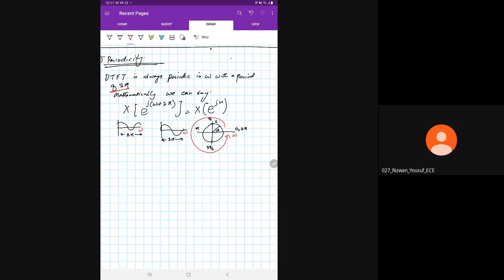Similarly, we can write X of e raised to power j theta plus 2 pi will be equal to X of e raised to power j theta.